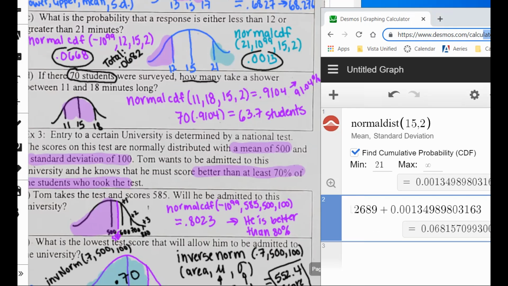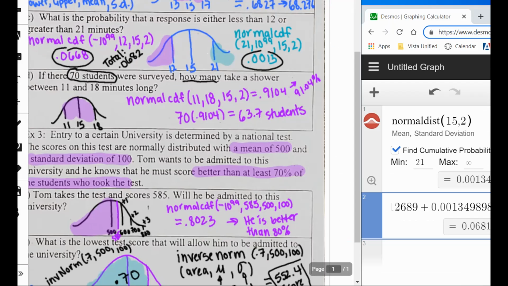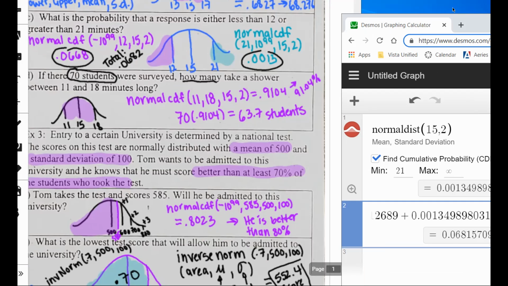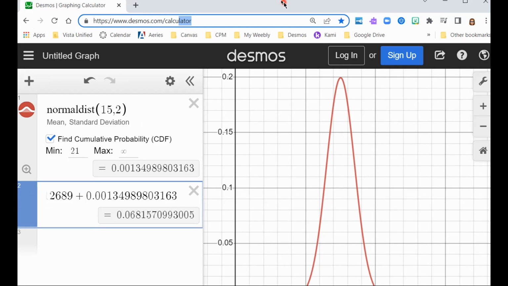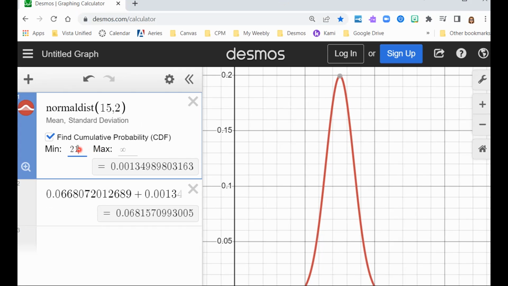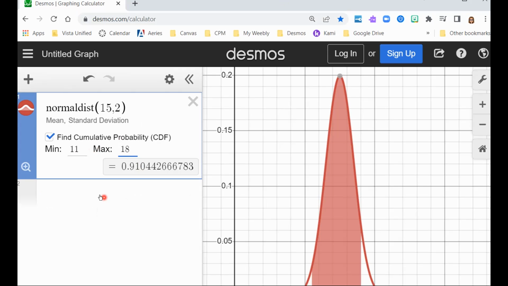Now, if I want to do the next question, I want to see when it's between 11 and 18 minutes long. So I put in an 11 and 18 and I get this percent. In this problem, we had 70 people.